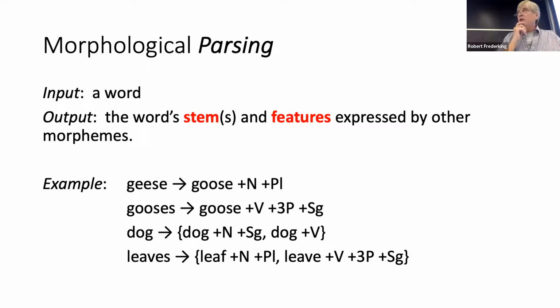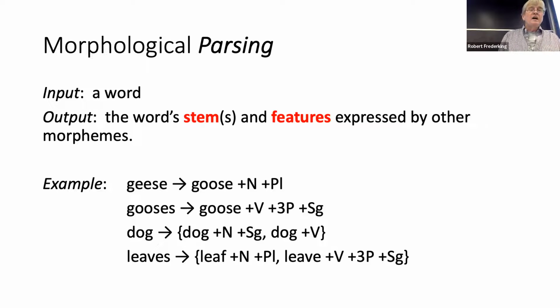And so morphological parsing is where you're using a finite state machine to actually break the word up into its component parts and also pull the features out and explicitly represent them, right? So parsing in general is taking the surface form of something and analyzing it into the components in some explicit way that you can work with in a program easily.